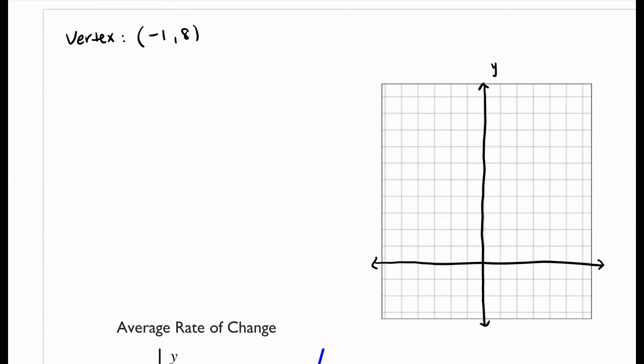So this is my y-axis and this is my x-axis. And our vertex was negative 1, 8. So that would be right here.